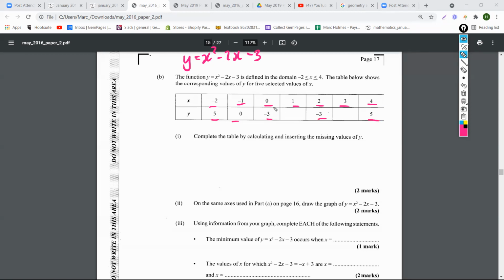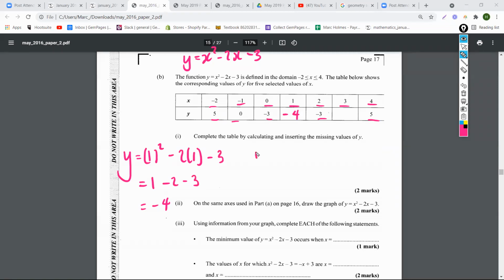So all we need to do now is find the value for y when x is equal to 1. So y is equal to 1 squared minus 2 times 1 minus 3, which gives us 1 minus 2 minus 3, which is -4. Am I right, guys? So -4 will be right here.